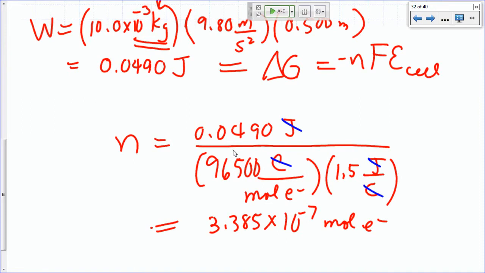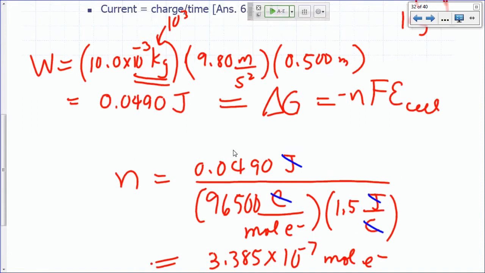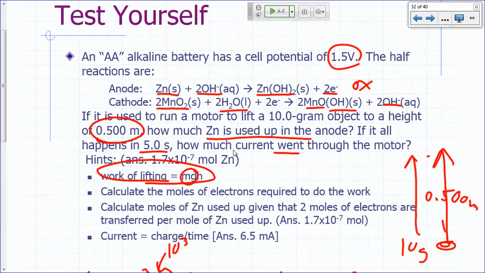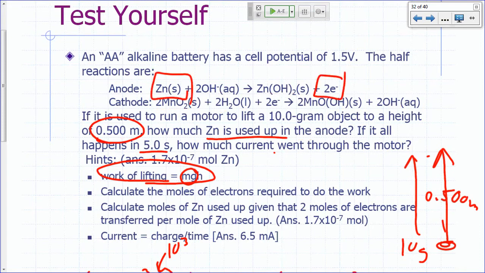That's not the same n we talked about in our balanced equation, because in our balanced equation, if you have a mole of reaction, that involves a transfer of 2 moles of electrons. So you can see from here, you're transferring 2 moles of electrons for every mole of zinc involved in the reaction.